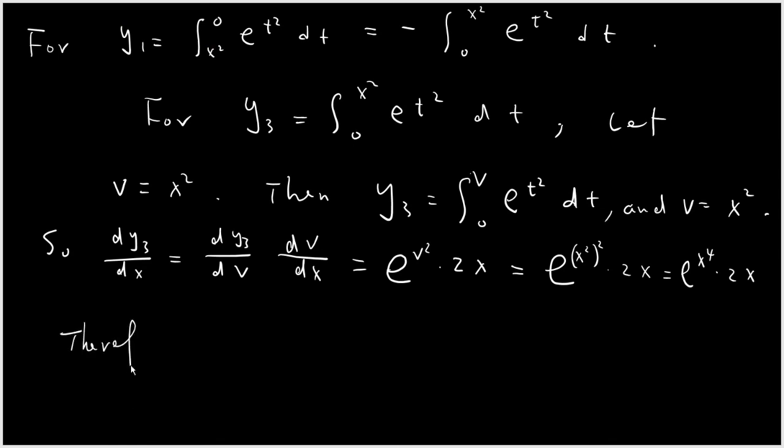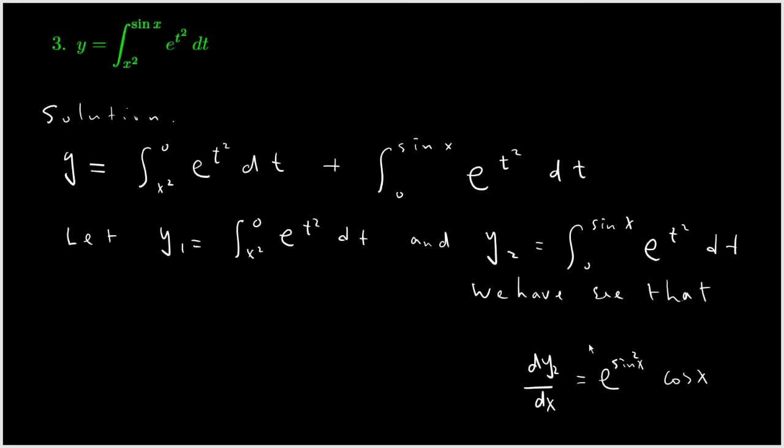So therefore, the derivative of the original function y with respect to x equals the derivative of y1 with respect to x, so negative of that is equal to negative e to the power of x to the power 4 and then times 2x, and then plus the derivative of y2 with respect to x, which is that. Let's copy from here.